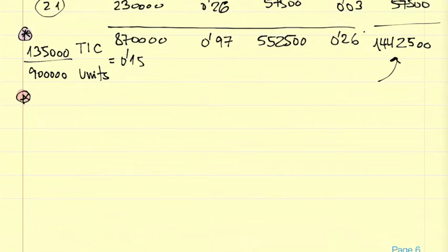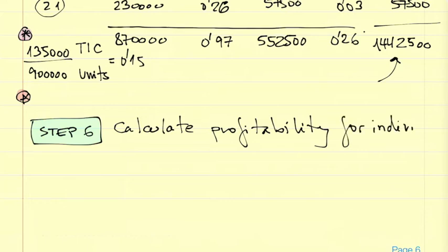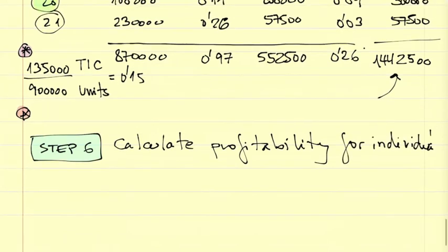Well, step number 6, and this is the last step of activity-based costing, deals with calculating profitability for individual products.